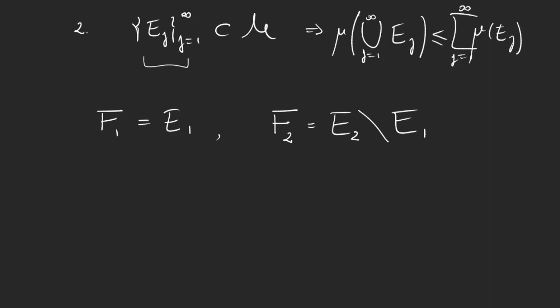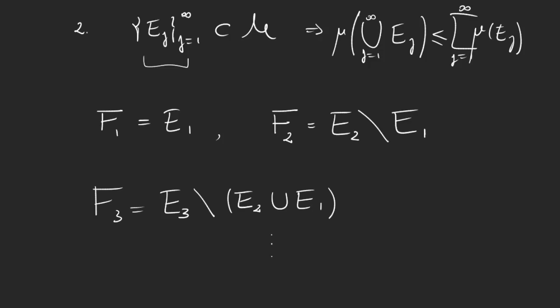Okay, so F1 and F2 are two disjoint sets. Continue like this, so F3 will be the third element, and you will remove the second element and the first element. So then F3 is disjoint to F1 and is also disjoint to F2.